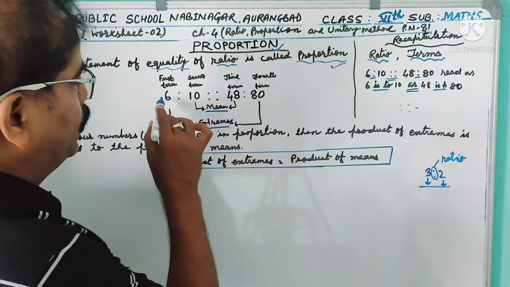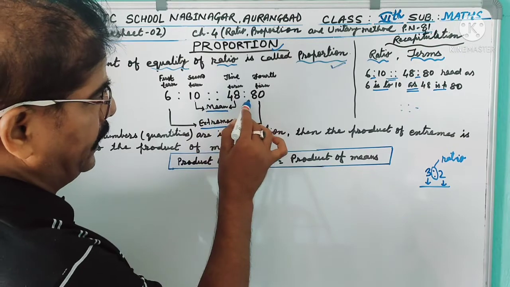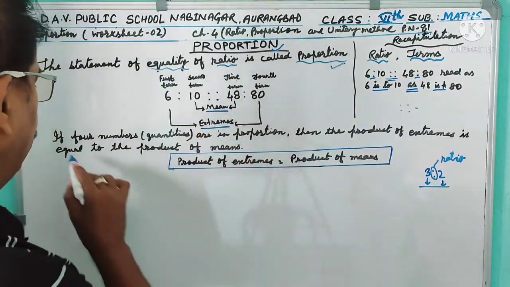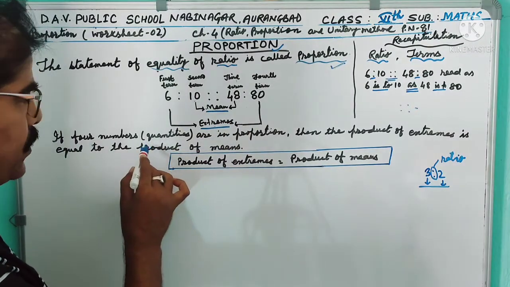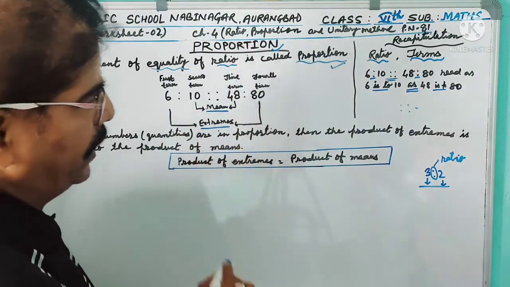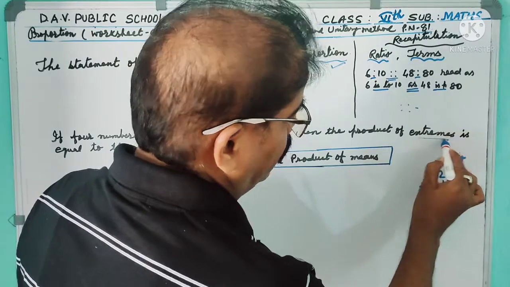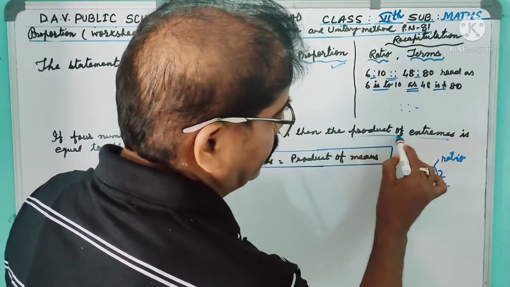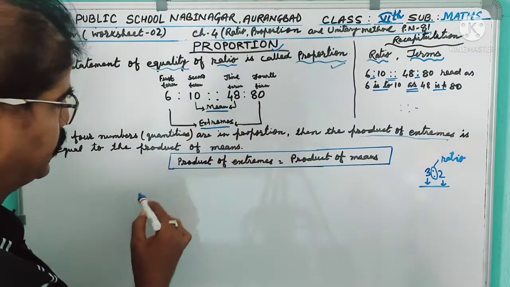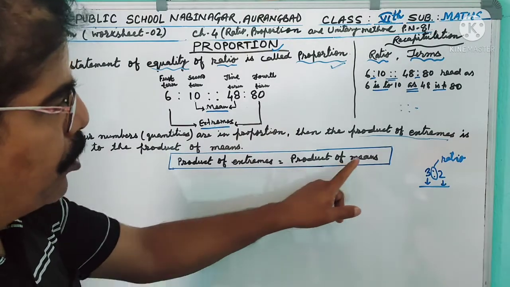So we say that if four quantities are in proportion, then the product of extremes is equal to the product of means.